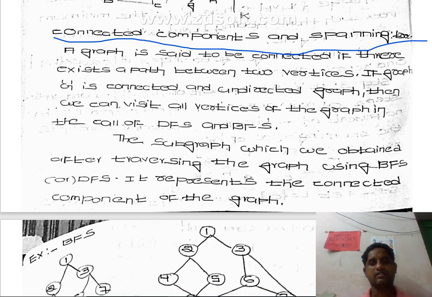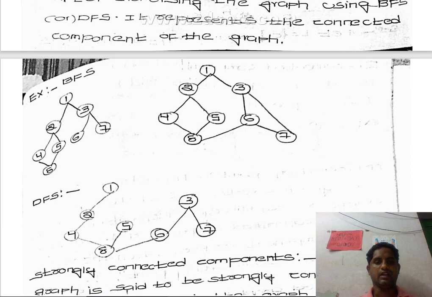The subgraph which we obtain after traversing the graph using BFS or DFS represents the connected component of the graph.